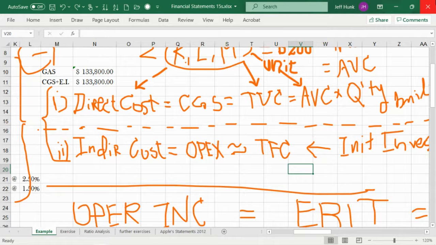Let's say it's $5. So in an average month, you sell 10,000 cups of blueberry Americano. Then on an average month, what is your revenue?